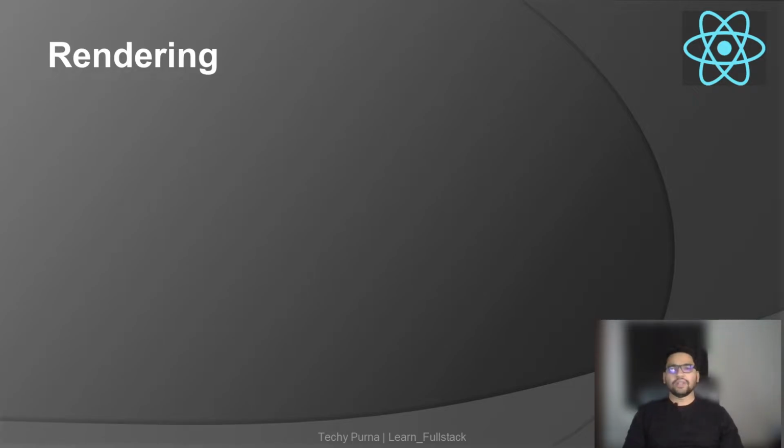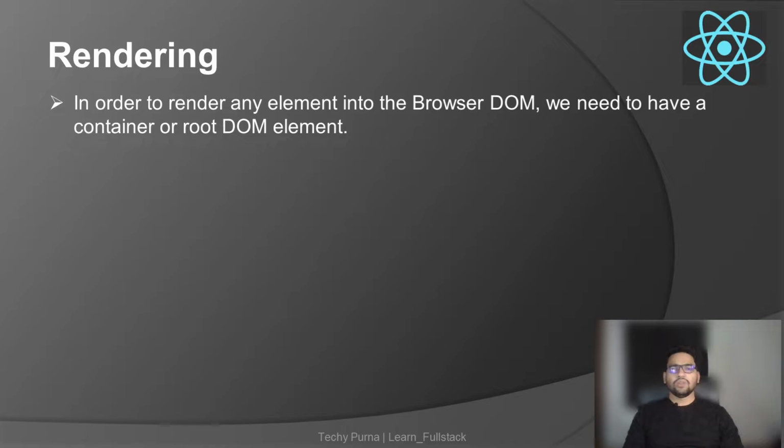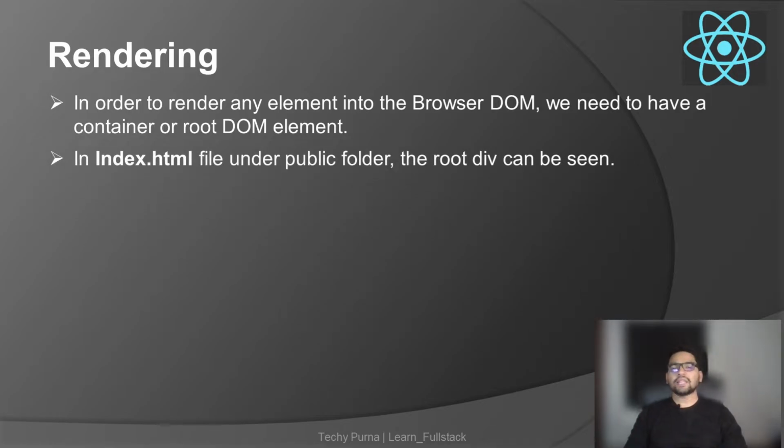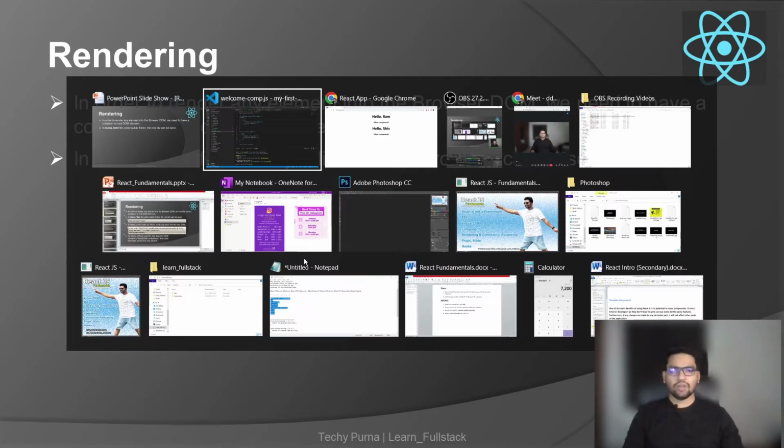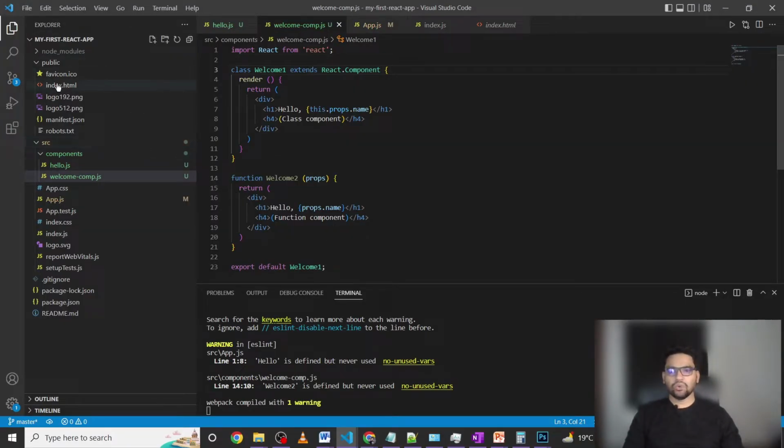Now let's see rendering. In order to render any element into the browser DOM, we need to have a container or root DOM element. In the index.html file under the public folder, the root div can be seen. If I go back to the code, I can show you.